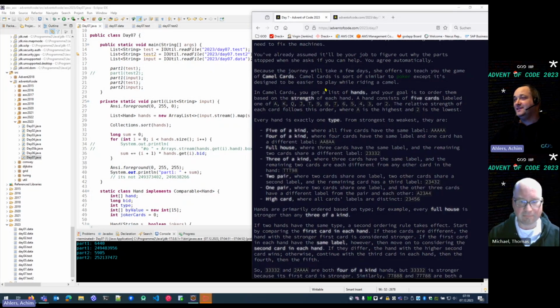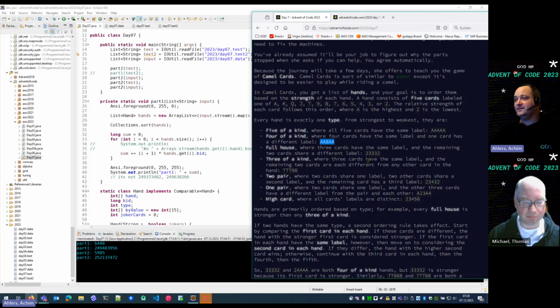Of course. Today we have to play Camel Cards, which is somewhat similar to poker. And as with poker, we have certain cards: ace, king, queen, jack, 10, 9, and so on, down to 2. And as in poker, if we have 5 of a kind, we have the strongest hand there is.